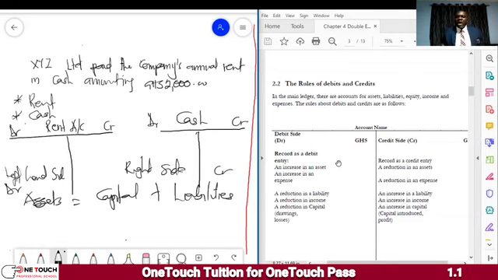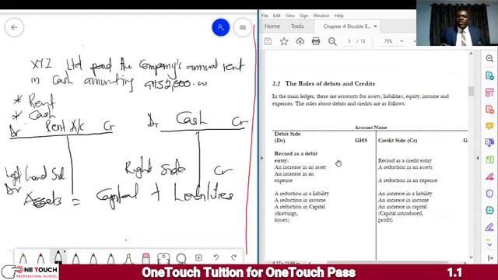However, when there is a reduction in assets, when an asset is decreasing, we need to credit that asset account. And when there is a reduction in expense, it should also be credited, or recorded on the right-hand side of that expense account.